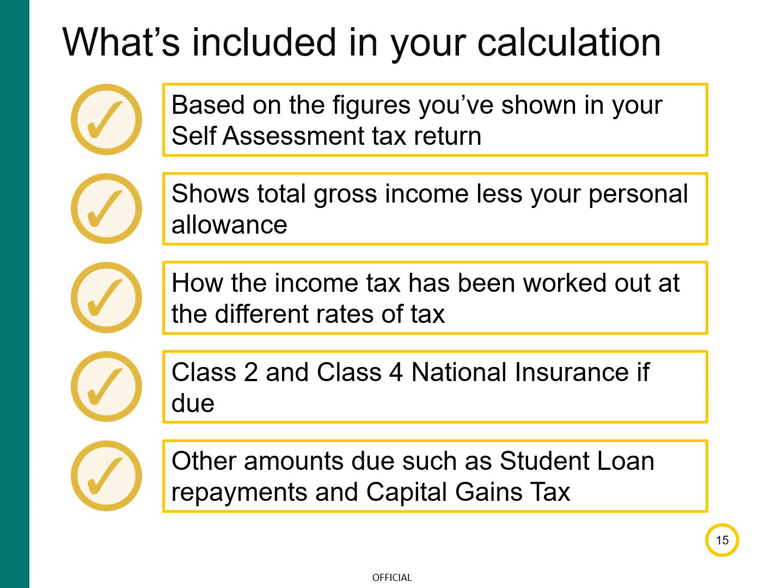For example, England, Wales, Northern Ireland or Scotland. If you're self-employed or in a partnership, the calculation will also show any Class 2 and Class 4 national insurance if they're due and how this has been worked out. Other amounts that may show in your calculation include student loan repayments and capital gains tax, though we won't see these in our example today.